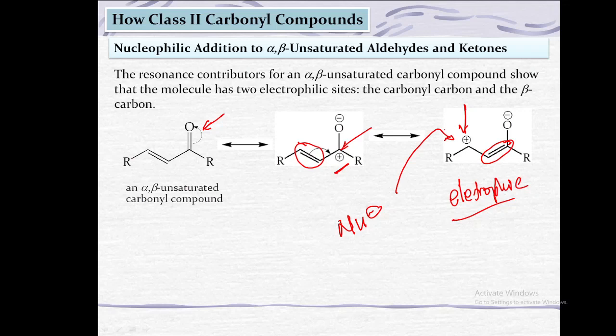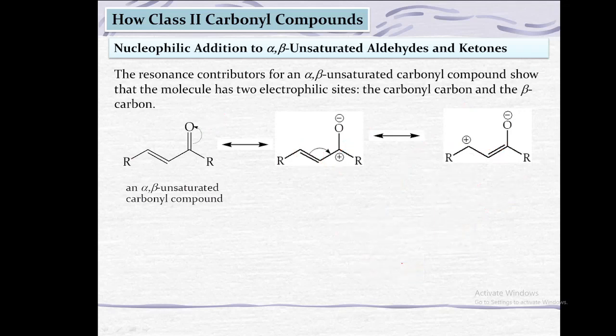So then look at what's new here. Let me erase all that we have there. What's new here is that we have now two electrophilic positions in an alpha beta unsaturated aldehyde or ketone.